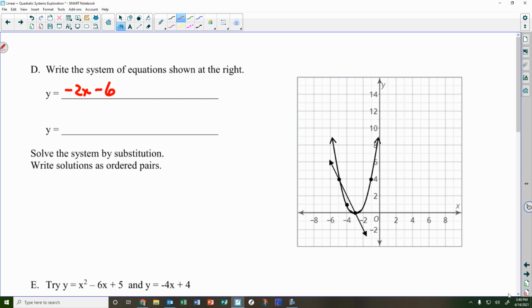Well, we know that it's got to be going upwards, right? The minimum point is on the x-axis at -3, I'm sorry. So if you think about how x equals -3, if you add 3 to both sides, you get x plus 3 equals 0, remember?